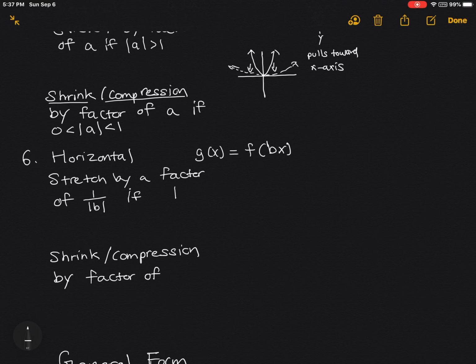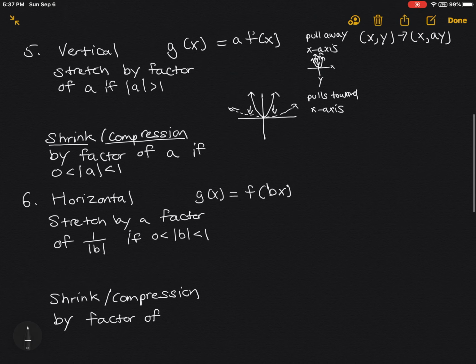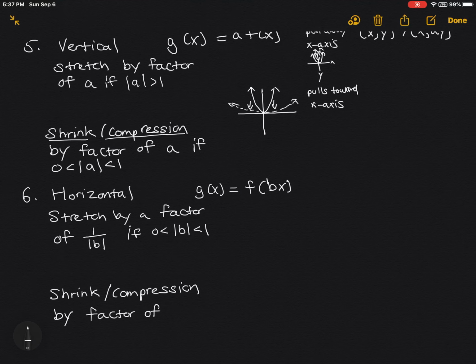If the absolute value of b is between 0 and 1. And what does that mean? So let me see, maybe if I could draw it over here. Let me take my parabola here.